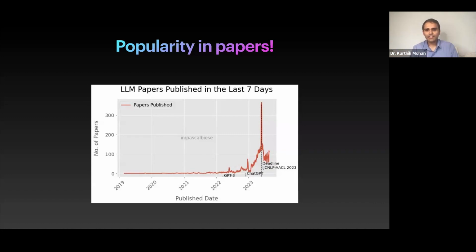And then GPT-3 happened, and you see the spike in the middle of 2022 just jumped up. And then GPT 3.5 happened, which is ChatGPT. And after that, you see the huge spike that happened in the middle of 2023, because a lot of papers were thinking and using ideas related to ChatGPT. And so it's super popular.